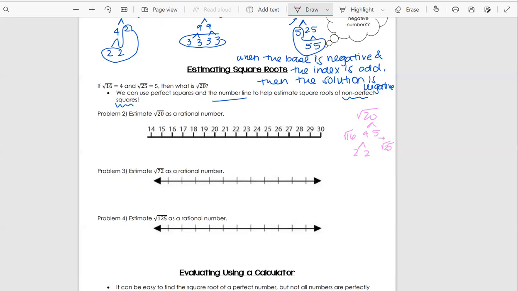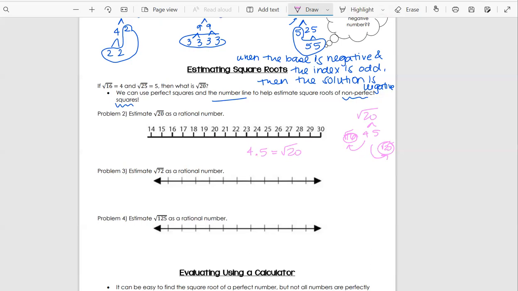So I know that it's going to be a number between 4 and 5, right? Because 4 gives me the square root of 16, 5 gives me the square root of 25. So we can say maybe about 4.5 is going to be the square root of 20, because 20 is between 16 and 25.